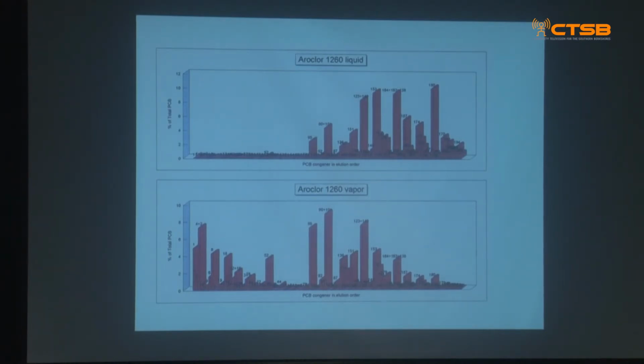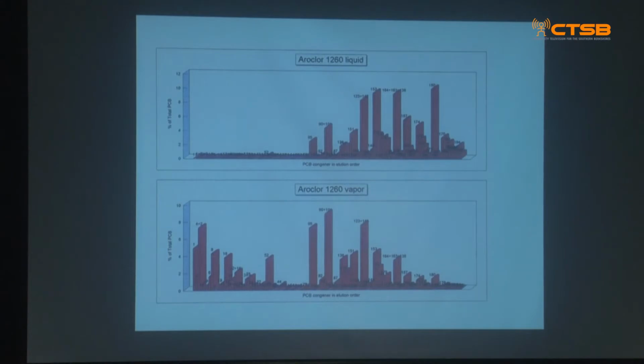Some of them stand out much higher than others, and that's just because this process of putting chlorines on the biphenyl ring by temperature and pressure works better for some particular positions than for others. Now, you don't see anything down there at the bottom for the low chlorinated PCBs.